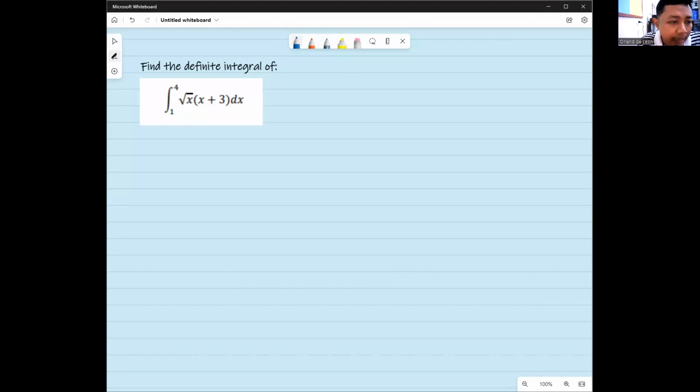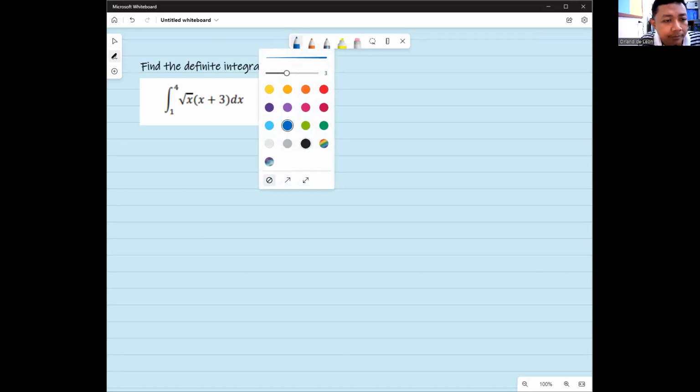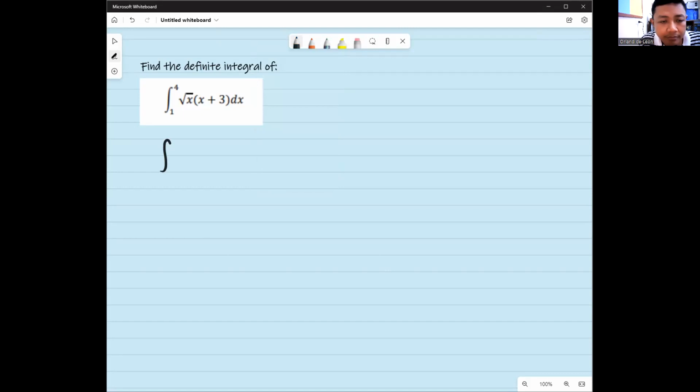This will become the integral of, let's change this to x raised to 1/2. We make it an exponent. So this will become x raised to 1/2 times x plus 3 dx.